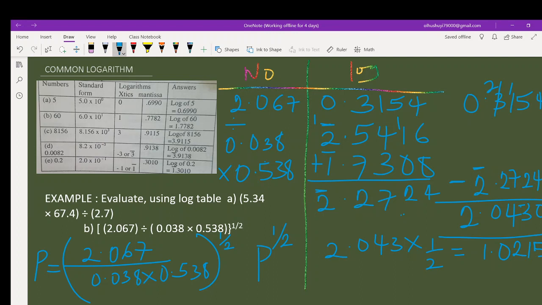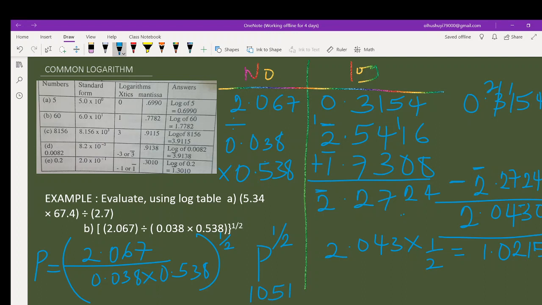Now this is a log, so you now find the antilog. Don't forget that. When you find the antilog, leave the whole number, come to this place. You check for 0.02, check for 21 under 5. 21 under 5 will give us 1051.